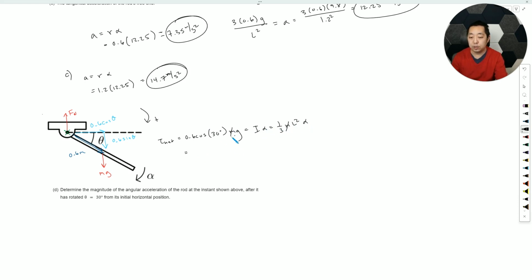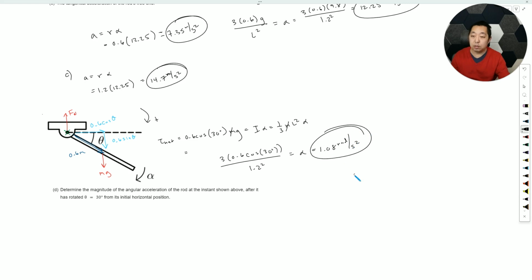The m's cancel. I can multiply by 3 and divide by L squared, and L is still 1.2. That gives the angular acceleration: 3 times 0.6 times cosine of 30 degrees divided by 1.2 squared.